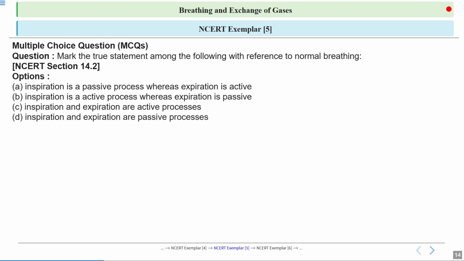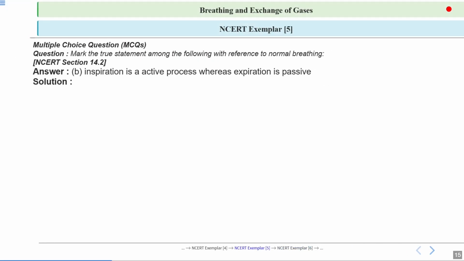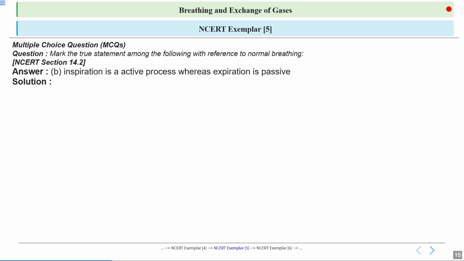D. Inspiration and expiration are passive processes. Let's see the answer of this question. The correct answer is option B. Inspiration is an active process, whereas expiration is passive, right?